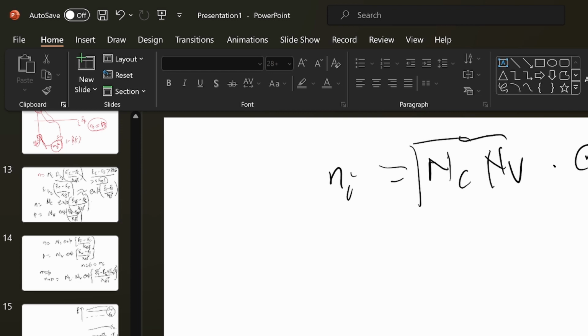For lower band gap materials, the carrier concentration is very high.